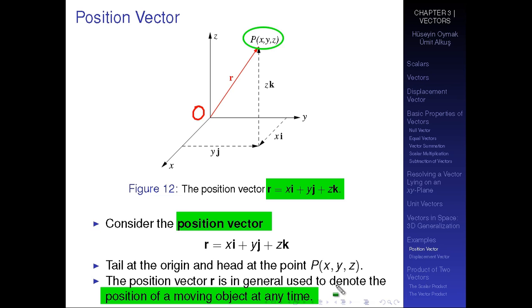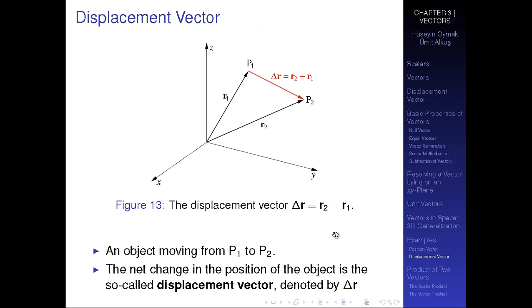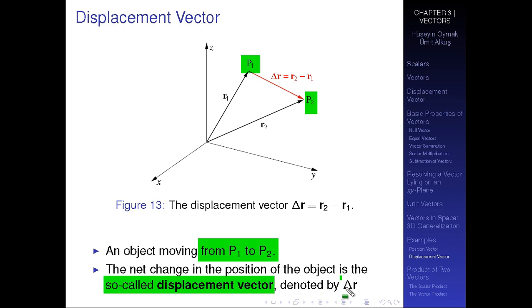Next, we discuss the difference between two position vectors, that is, the displacement vector. Consider an object that starts to move from point P1 and arrives at point P2 as shown in this figure. The so-called displacement vector, denoted by delta R, which we have mentioned in the beginning of this chapter, gives the net change in the position of the object.